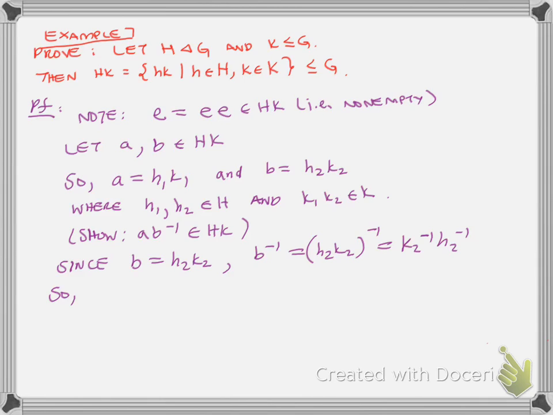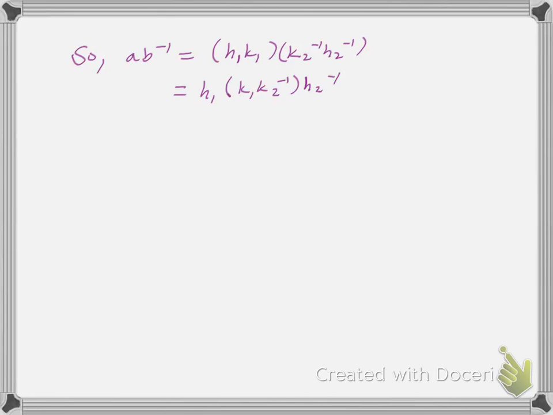I don't know if I'm going to have room, so let's start on a new page. So, ab inverse equals h1k1 times k2 inverse h2 inverse, which equals h1, and then using the associative property that we have with groups, k1, k2 inverse, h2 inverse.